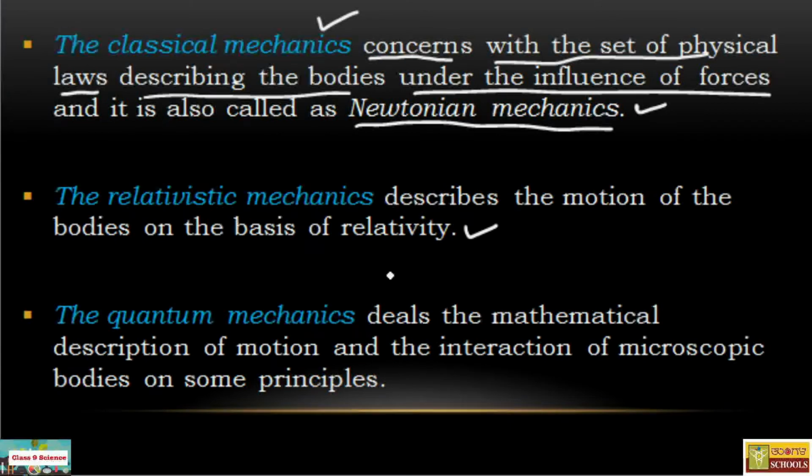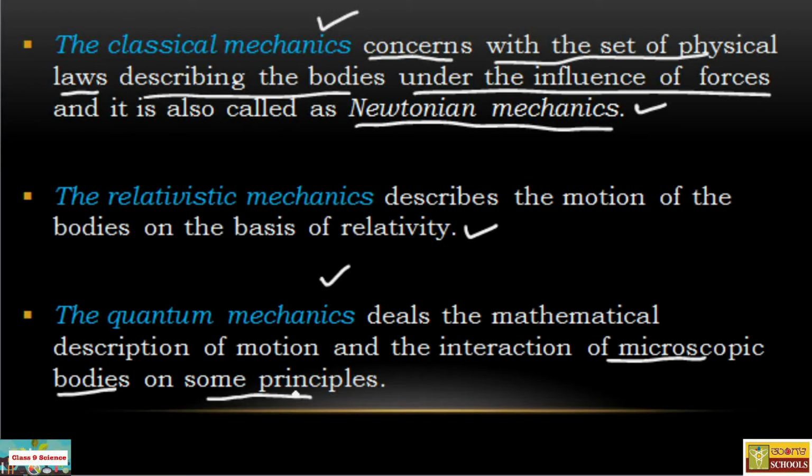On the other hand, for lengths below the nanometer scale, we need a special part that requires quantum mechanics. Quantum mechanics deals with the mathematical description of motion and interaction of microscopic bodies, based on some principles.